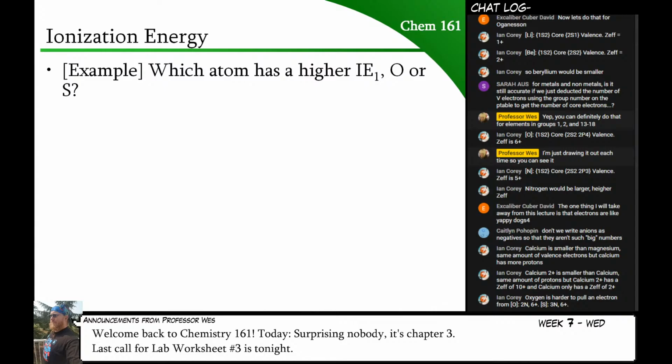All right, let's go over the answers here. So if I compare Ns, oxygen has N equals 2, S has N equals 3. If we compare Z effectives, they're both 6+. Which is a higher ionization energy? Which one is harder to take an electron from?